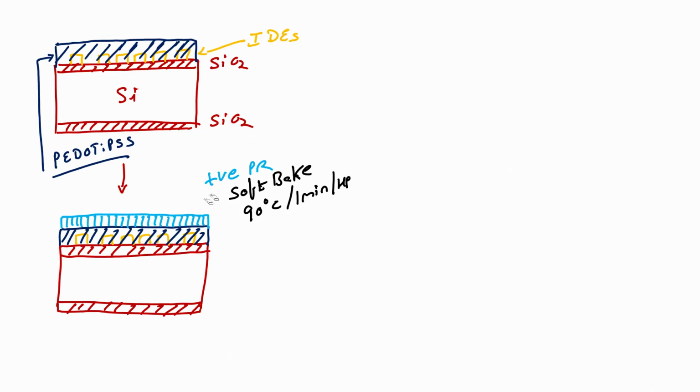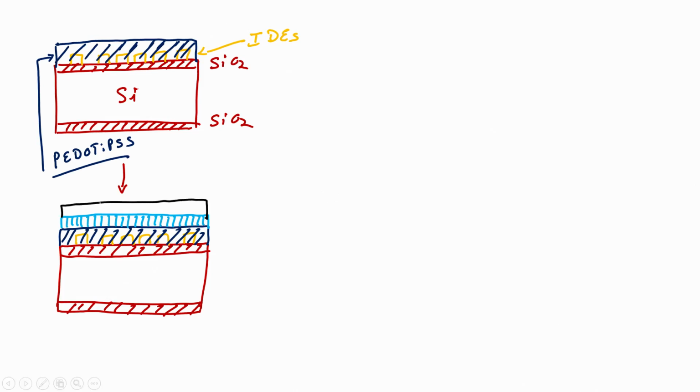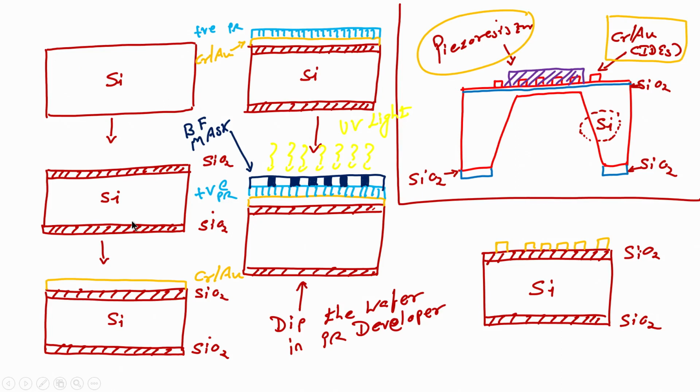So, I will just delete this one for now, and let us show a mask, right. How should a mask look? If you go back, you want the piezoresistor only in this area. So, we have to protect the piezoresistive material only in this area.